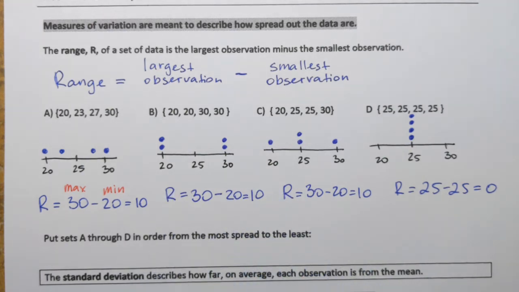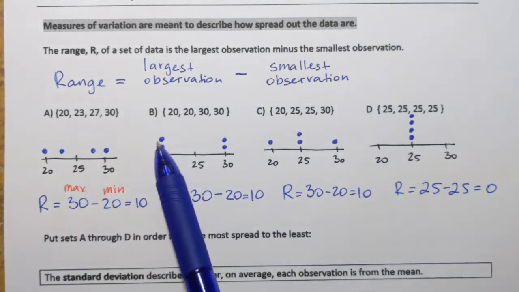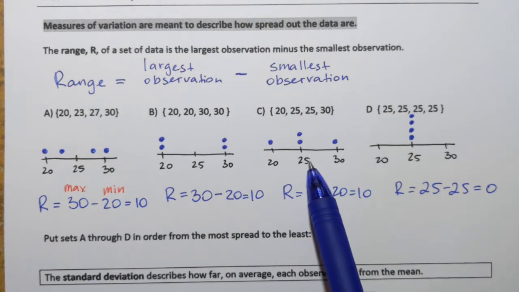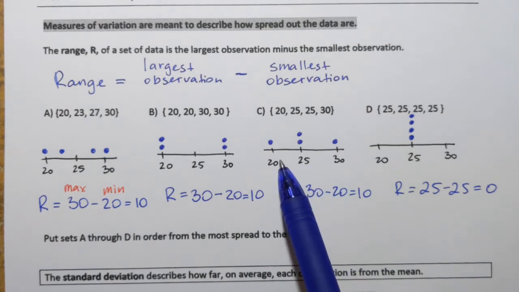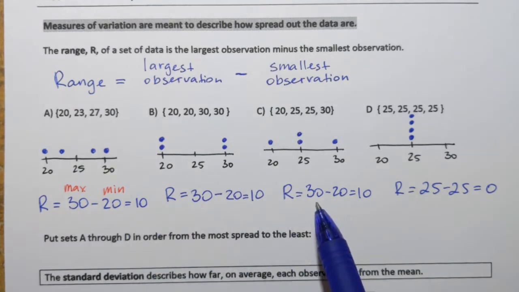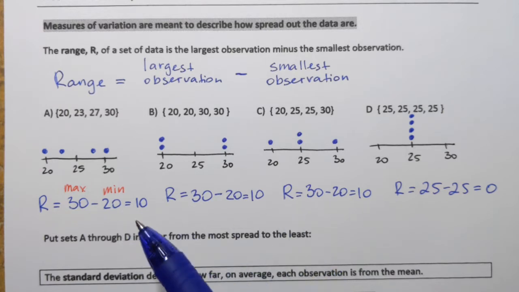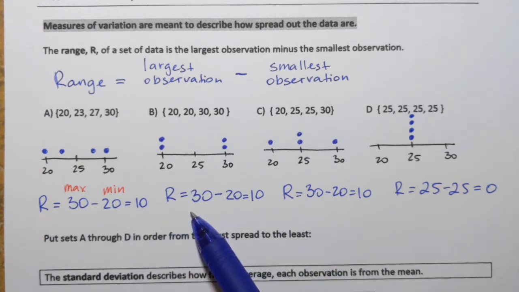And while range tells us the difference between largest and smallest observations, so that's a way to measure the spread, we can see that it's not the best measure because it's not describing what happens between the largest and the smallest observation, and these are the only 2 involved in the calculation. So we definitely need a better way to measure the spread or variation than just using the range.